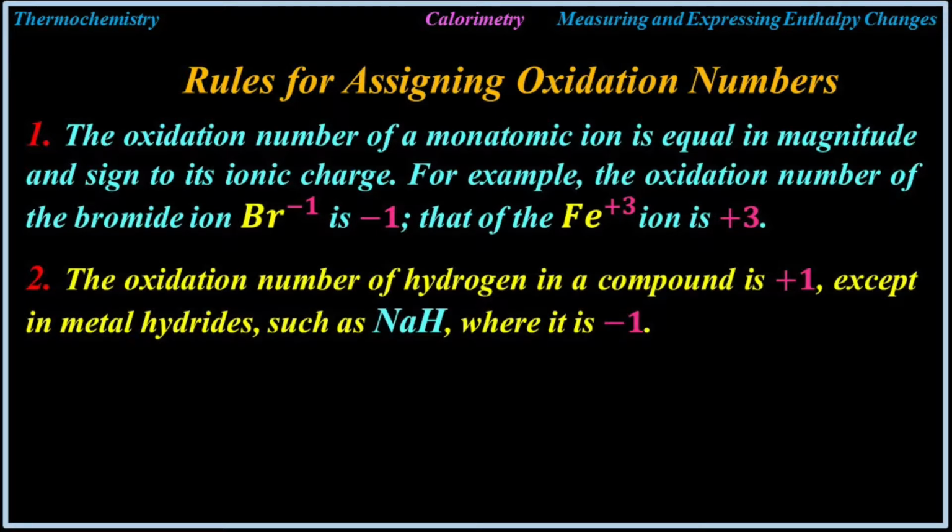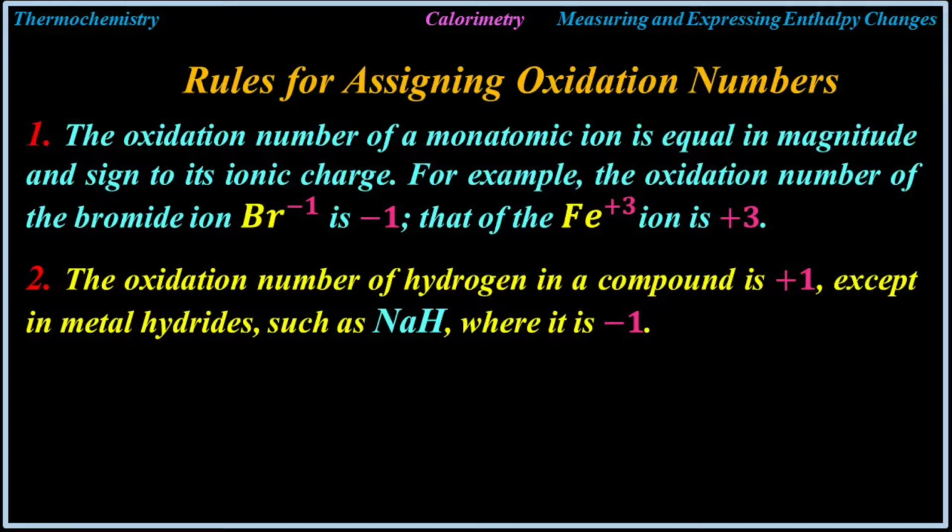The oxidation number of hydrogen in a compound is +1, except in metal hydrides such as sodium hydride, where it is -1. So it's always +1, except in metal hydrides, it's -1.